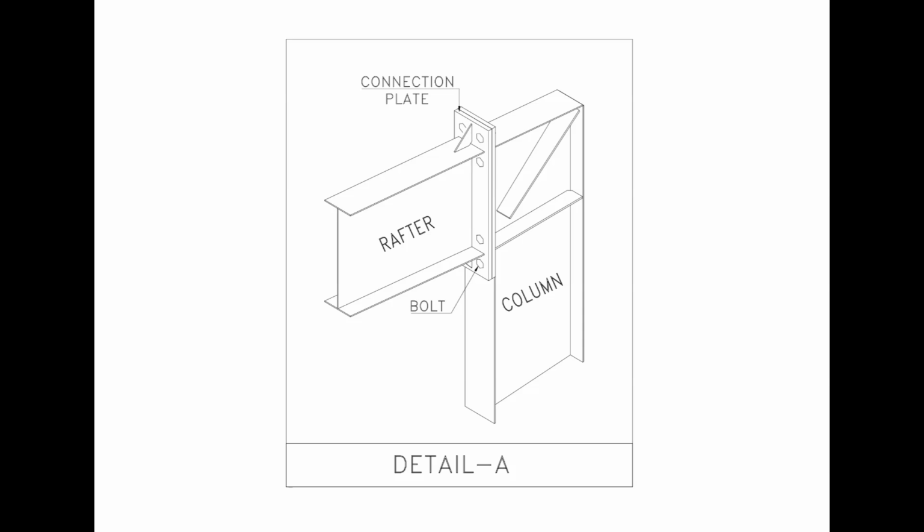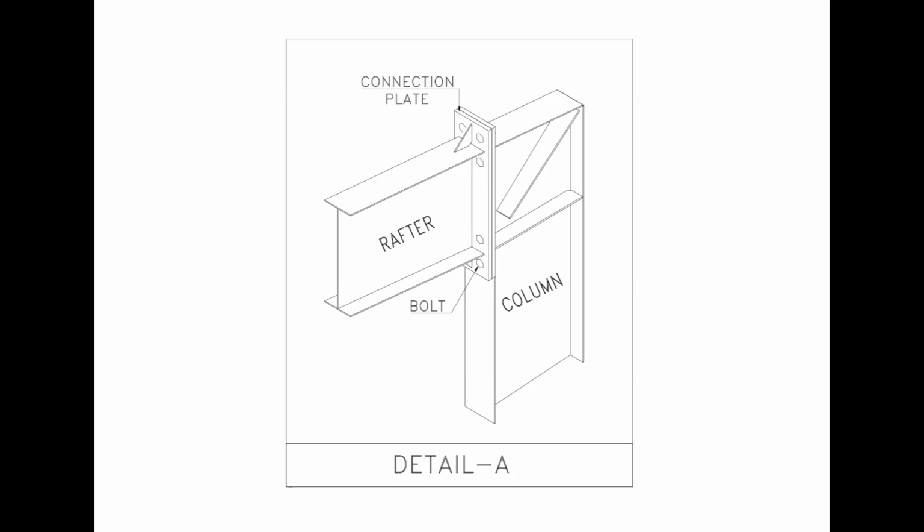This is detail A, showing the connection between a column and a rafter. The rafter meets the top portion of the column through a connection plate. Bolts are used to assemble the members at the connection. The drawing also shows stiffening elements around the joint, which help transfer forces through the connection region.